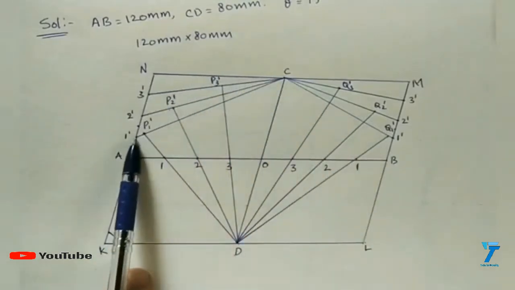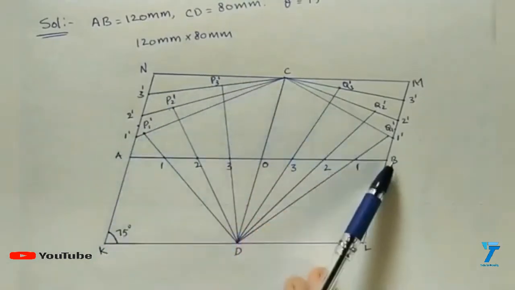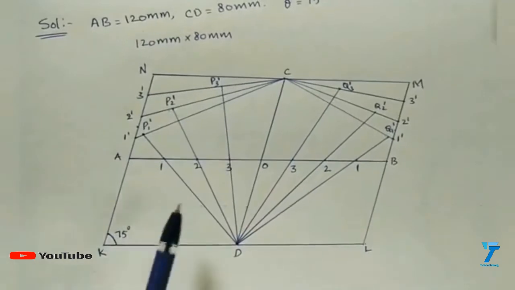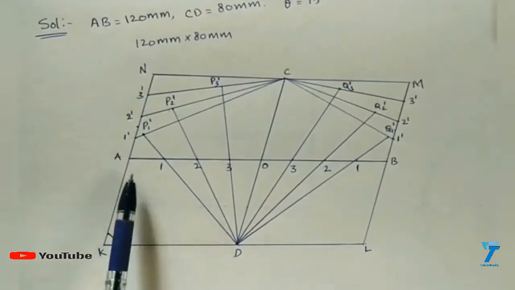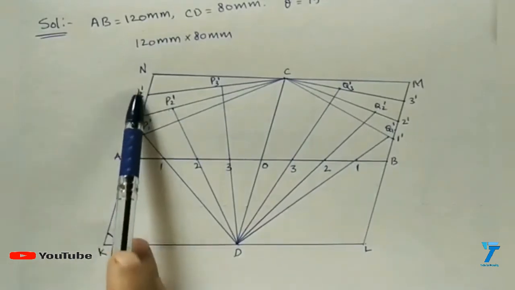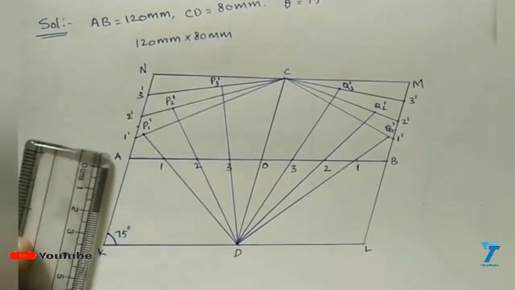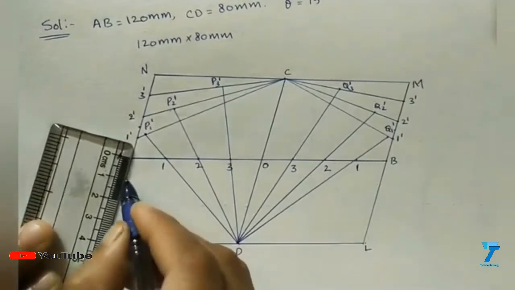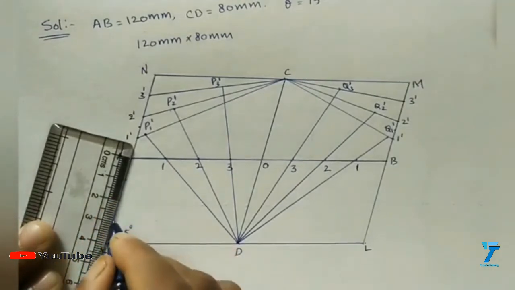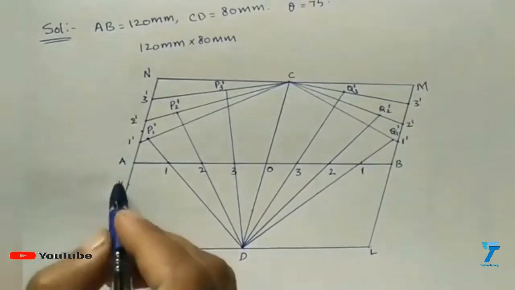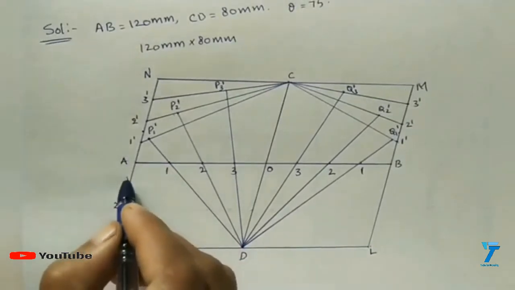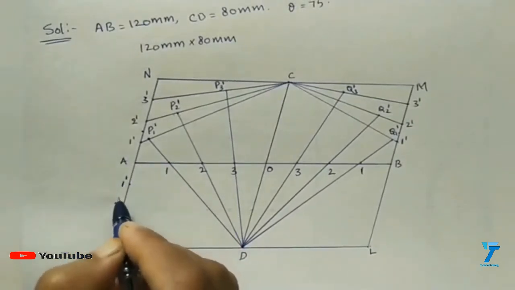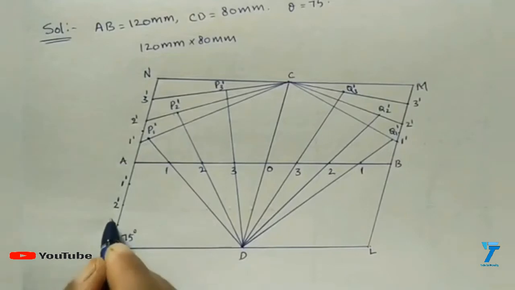So here half of the ellipse we will get if we join P points and Q points. For getting the ellipse in this box, follow the same process. Divide this into same number of equal divisions. Okay, 4 divisions with the help of scale. Here also give the names. Here 1 dash 1. Start points from here 1 dash, 2 dash, and this point is 3 dash.